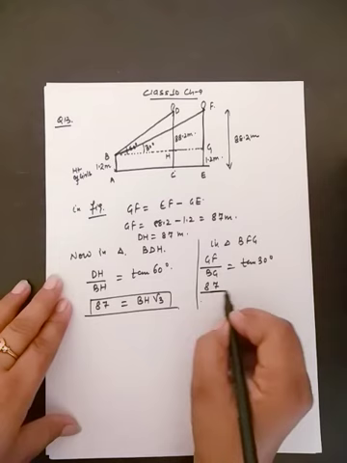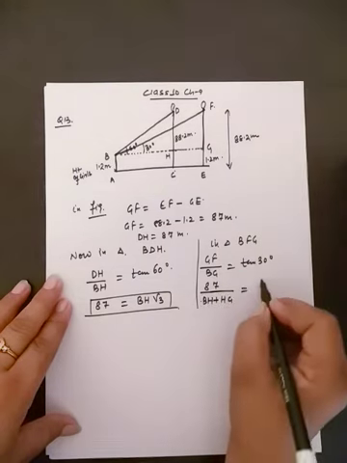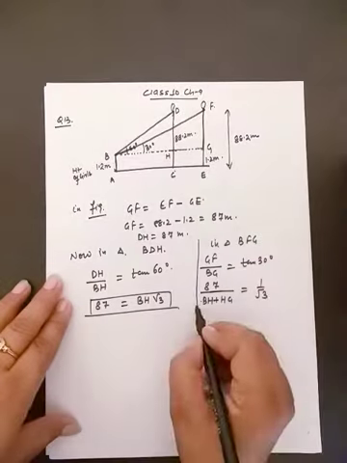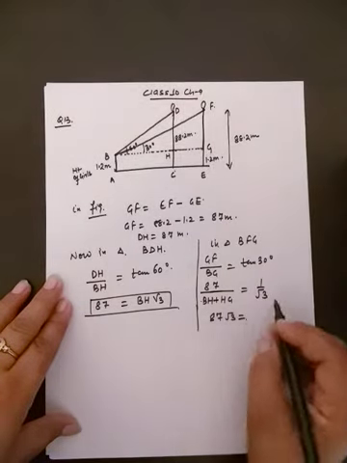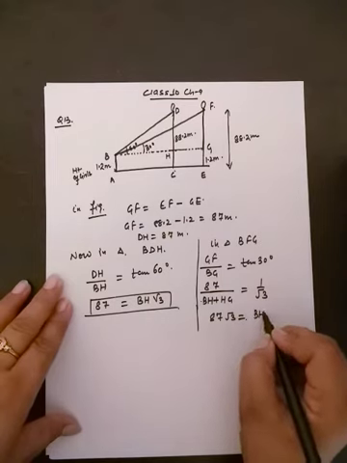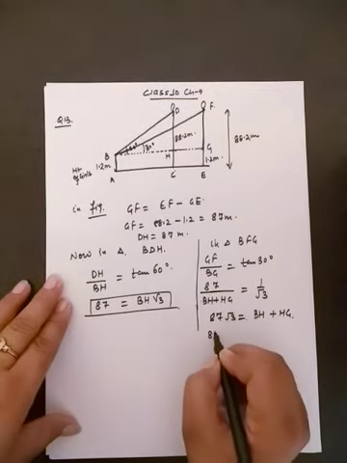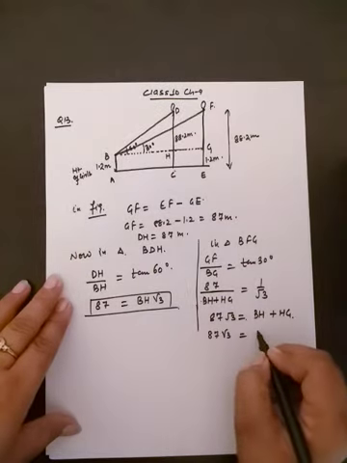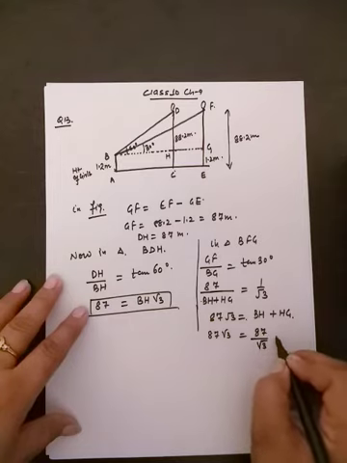BG can be split into two parts. BH plus HG is equal to 1 by root 3. 87 root 3 is equal to BH plus HG. And BH is equal to 87 by root 3 from equation 1.